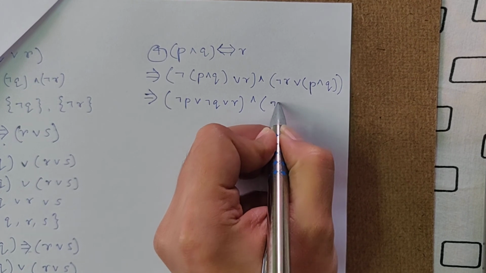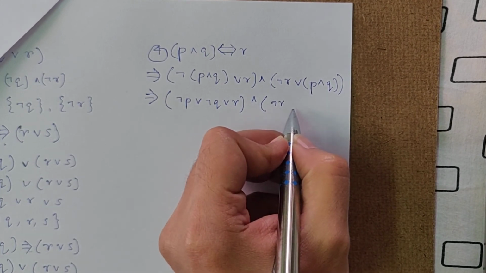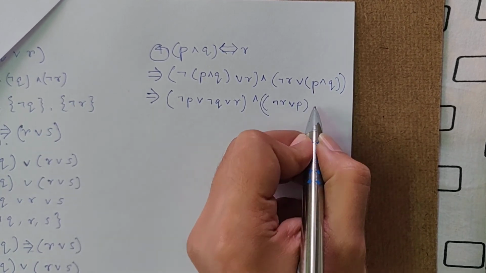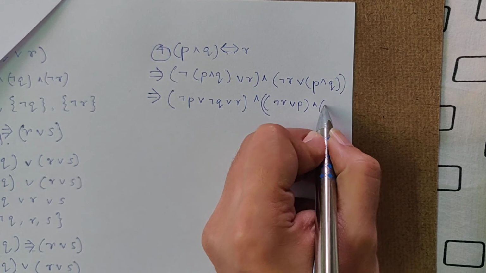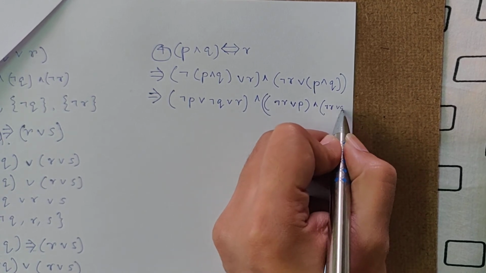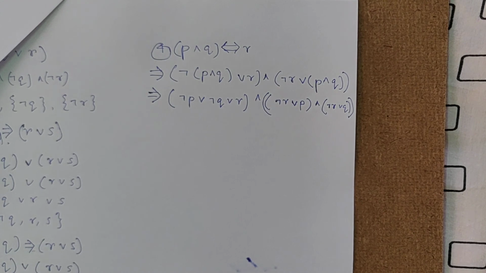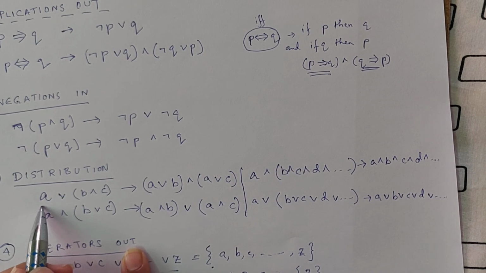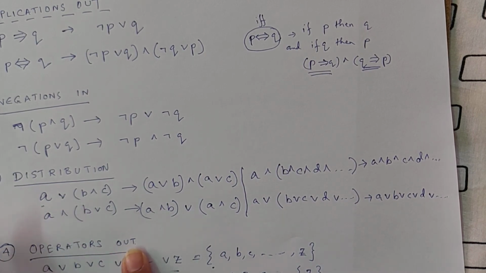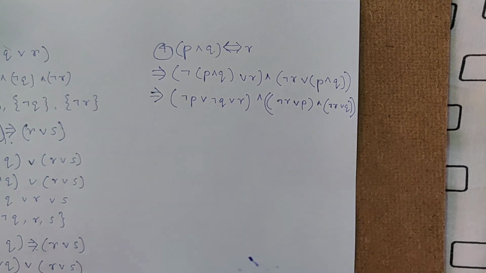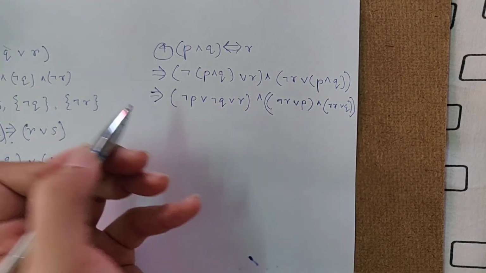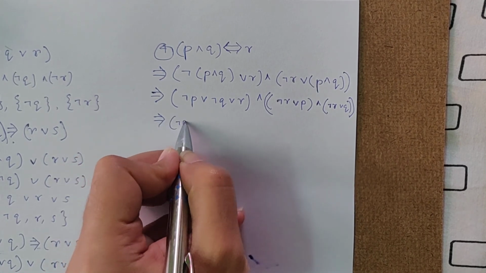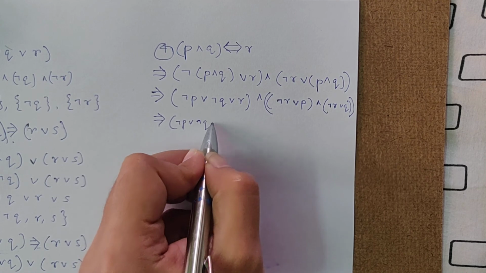So (not R or P) and (not R or Q). We have applied this formula only here. We will for the time being keep this thing as it is.